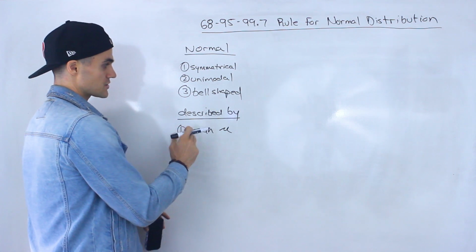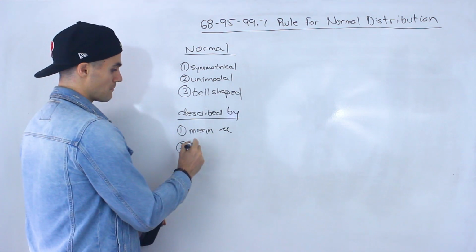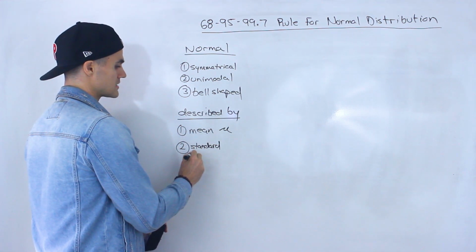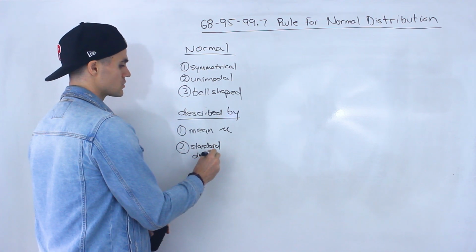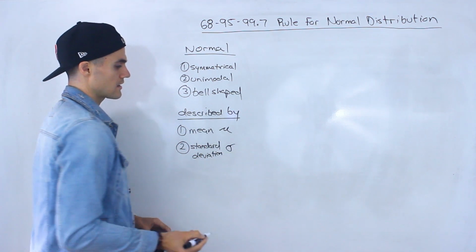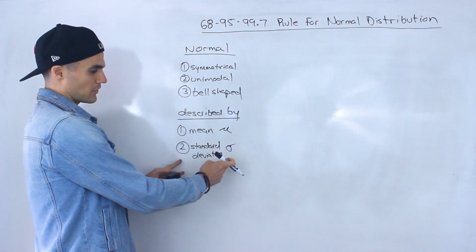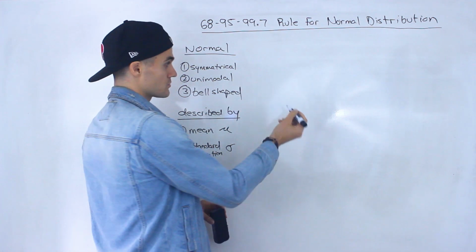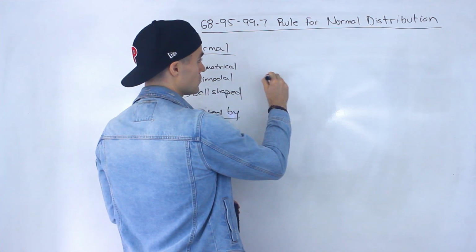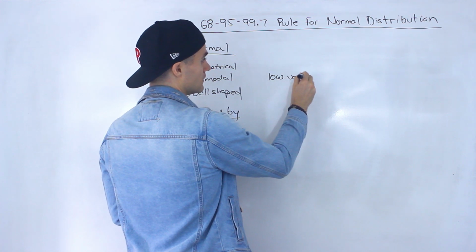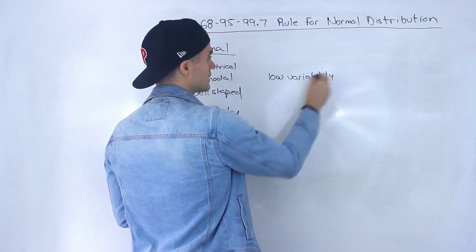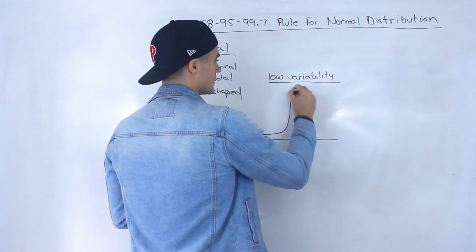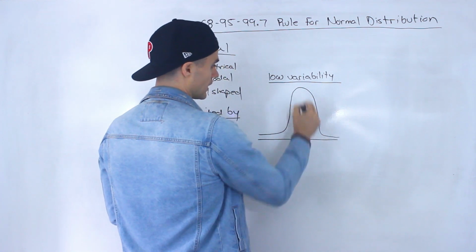And then it's also described by the variability, and more specifically the measure that we're going to be using for variability with a normal is the standard deviation, usually symbolized with a sigma. We also talked about how this variability affects the shape of the normal distribution, just visually. If you've got low variability or a low standard deviation, you're going to have a normal that looks like this.